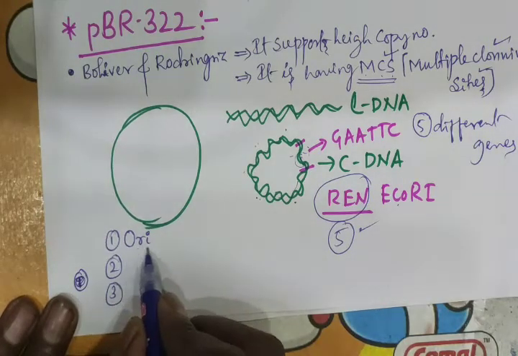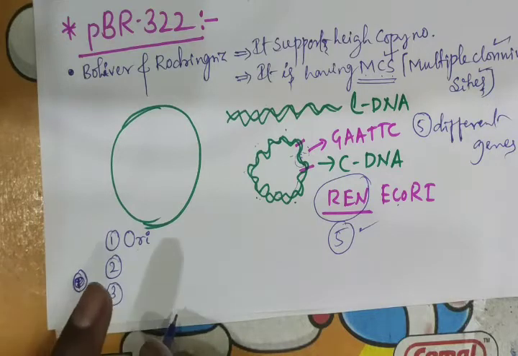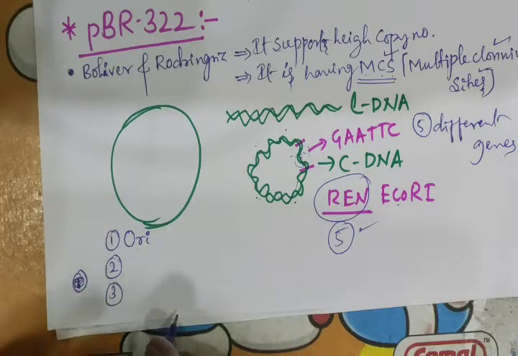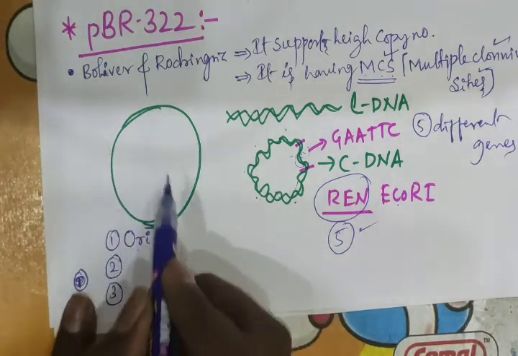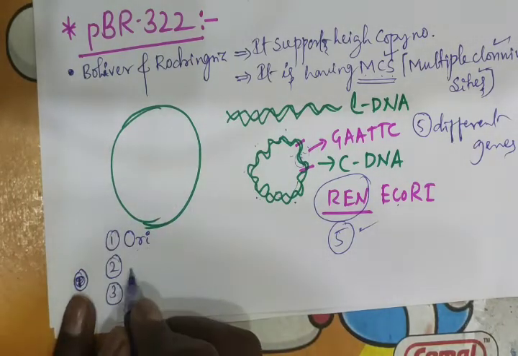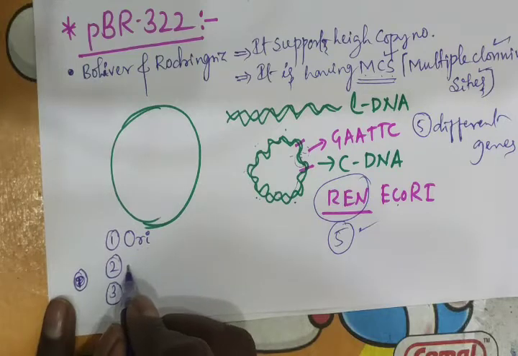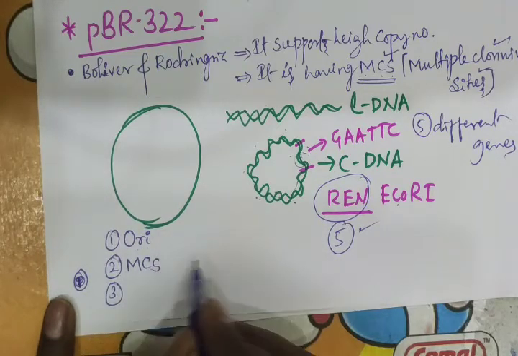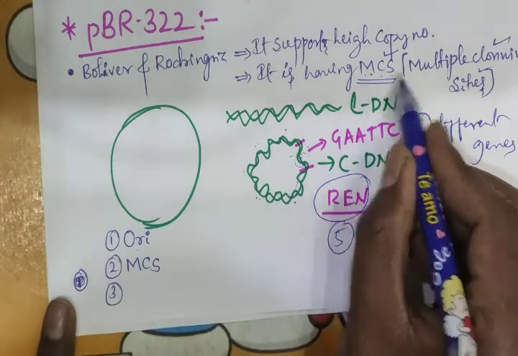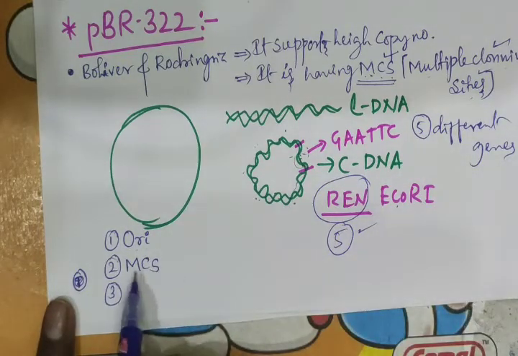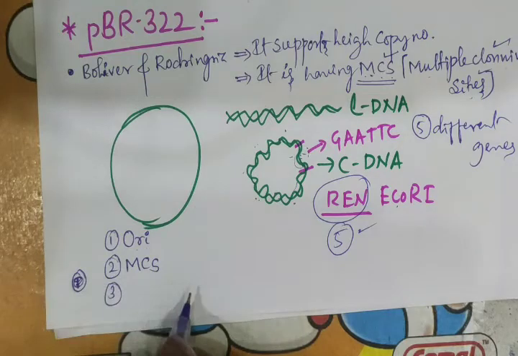That means origin of replication. It must be present for any DNA to replicate. So ORI should be present in this plasmid. Second thing, it must be having MCS. That means multiple cloning site. It should be having cloning sites. It is the second feature for a plasmid.